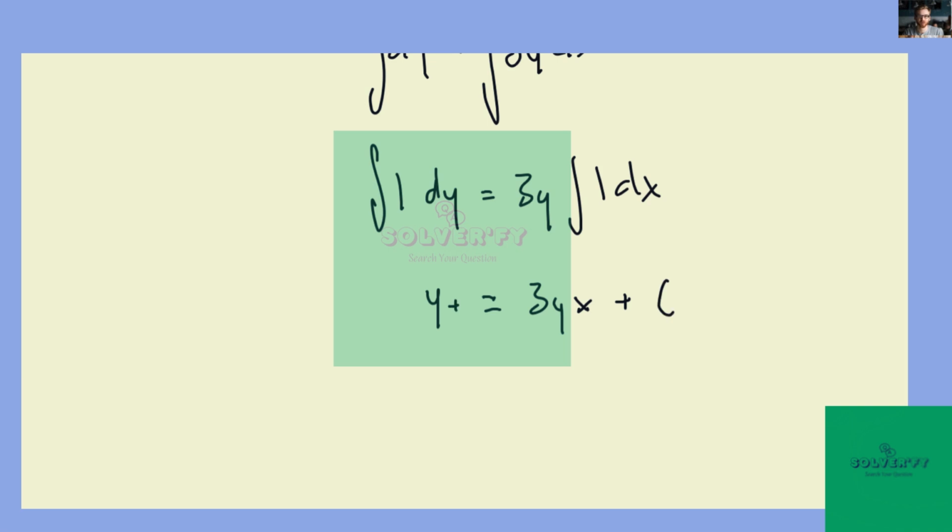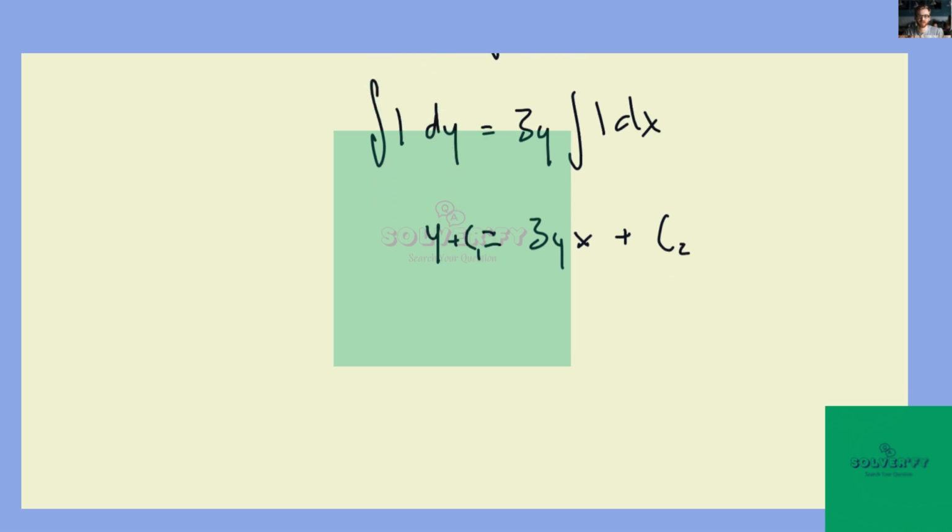So we can say y equals c1 plus c2. But ultimately, whenever you have arbitrary constants like this, you can move them all to one side of the equation and just refer to them as c, which we can do in this step by subtracting c1 from both sides. To get that we have now y equals 3yx, and we're going to just say plus c without any numbering.